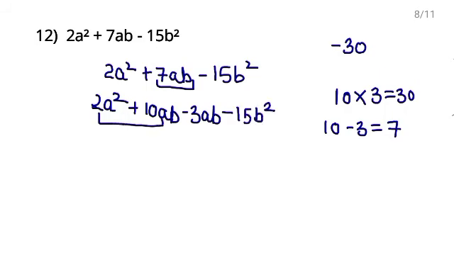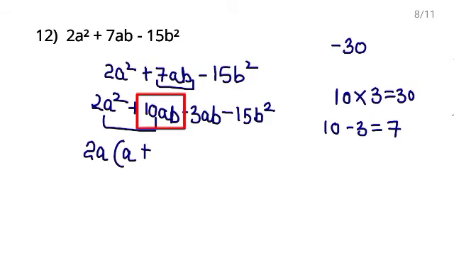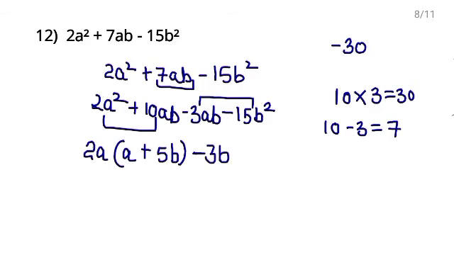From these two terms take 2a common. From 2a square you have taken 2a common, so one power of a is still remaining, it means a, plus from this term you have taken 2a common, that means 2 5s are 10, b is left. Minus, from these two terms you can take minus 3b common, right?